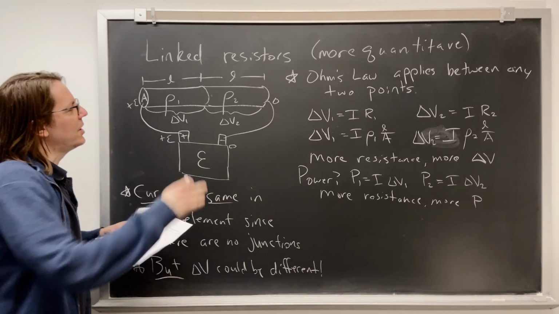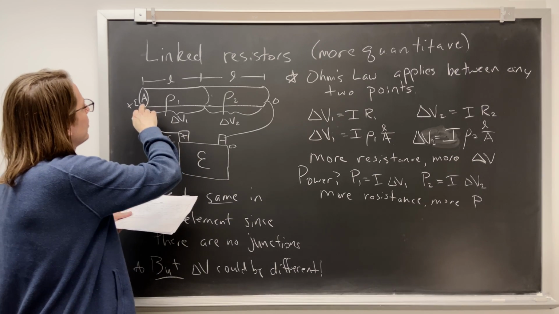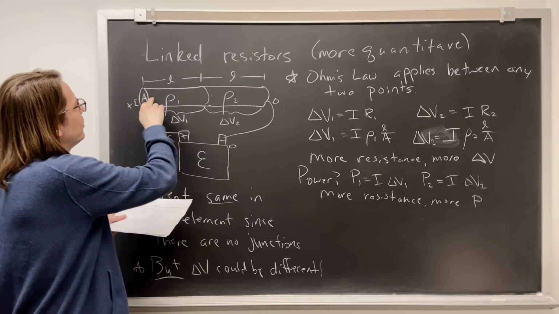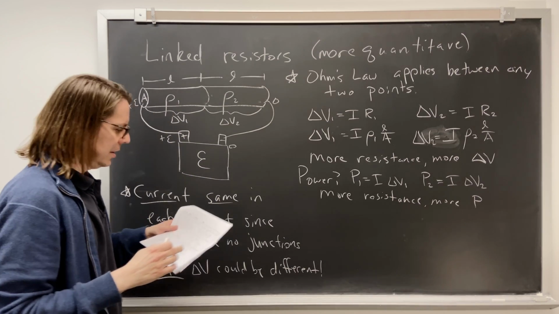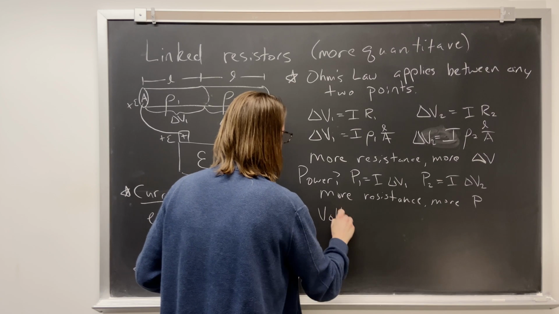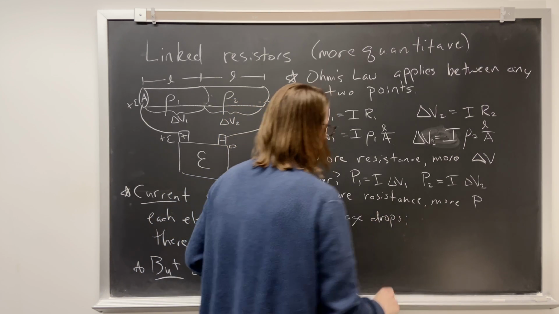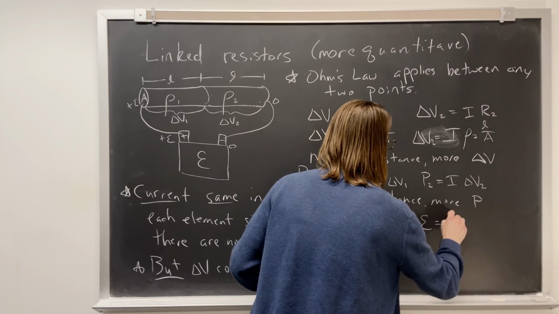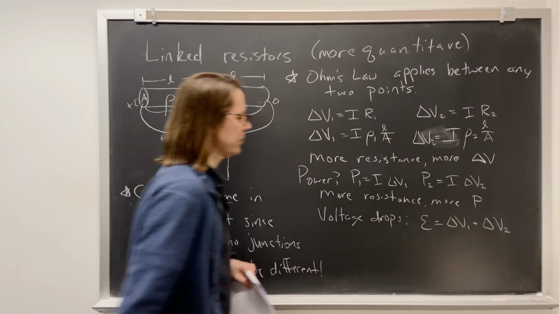So you can see, based on how electrostatics works, even though we're flowing, the steady state current flow, that whatever voltage drop we get here plus here has to be equal to the EMF. Okay, so voltage drop in series will obey this: the EMF will be equal to delta V1 plus delta V2.